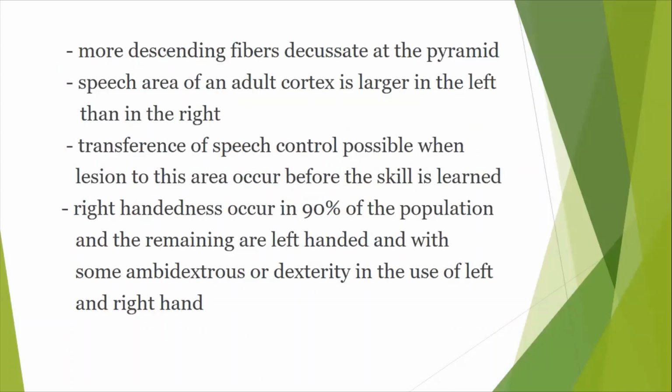More descending fibers decussate at the pyramid. The speech area of an adult cortex is larger in the left than in the right. Transference of speech control is possible when a lesion to this area occurs before the skill is learned.